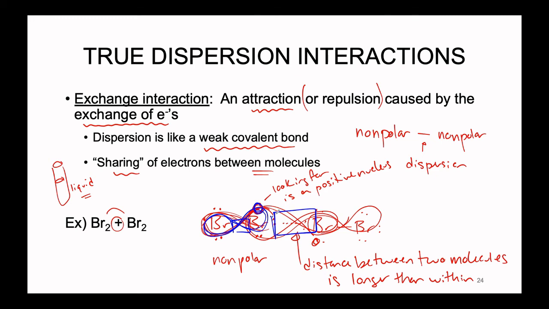However, this distance, although it's longer than the covalent bond, is still short enough that the electron can see the bromine on the right-hand side and on occasion just flip sides, change teams, if you will, and in the process is actually going to stabilize the interaction between these two different bromine molecules.